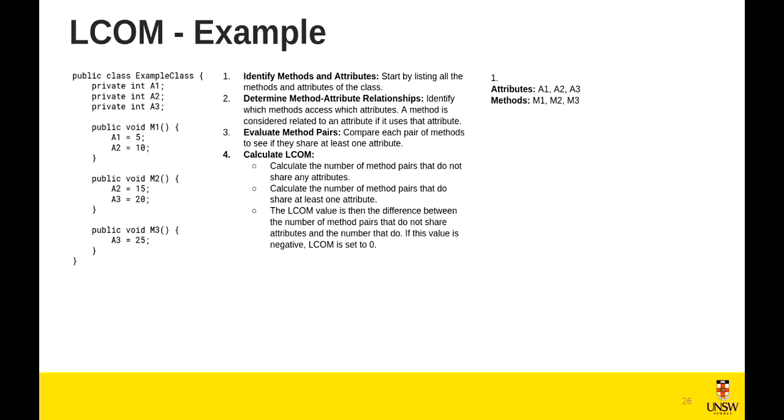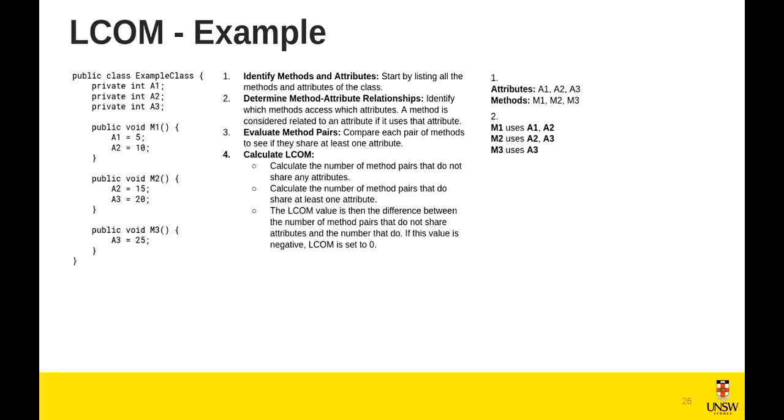And then we need to do the second step. We need to decide which method is using which attributes. So M1 actually uses A1 and A2. M2 uses A2 and A3. M3 only uses A3. And this is what we get. After that, we should evaluate pairs of methods.